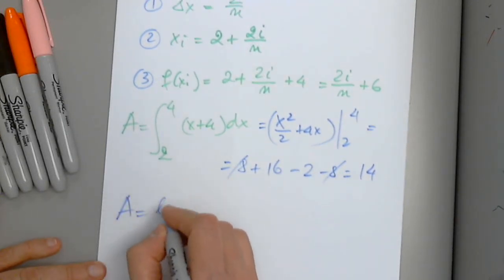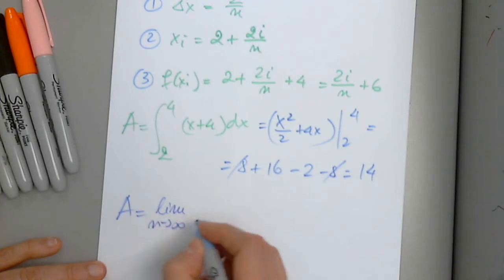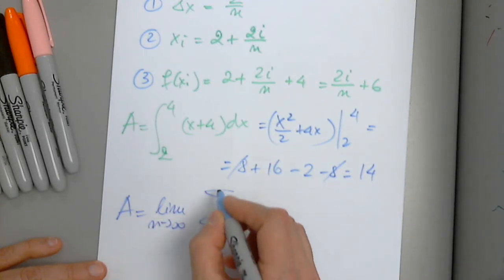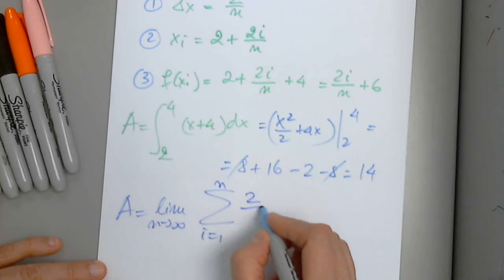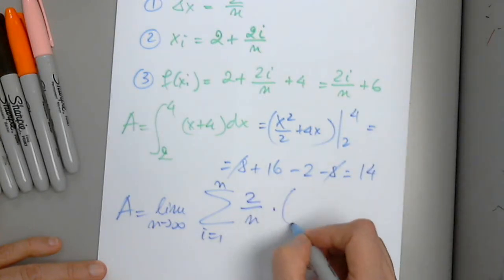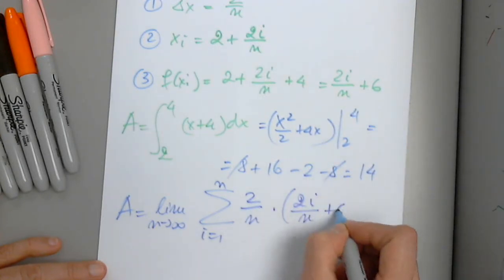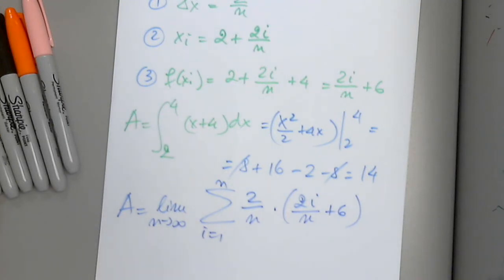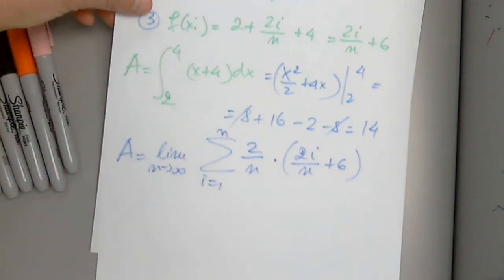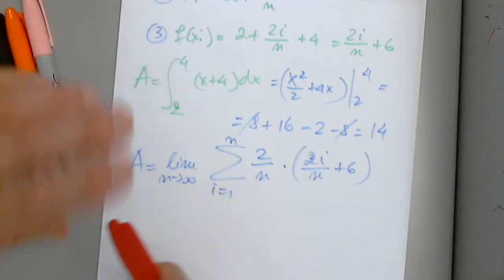So the area is the limit as n approaches infinity of the sum from i equals 1 through n of 2 over n times 2i over n plus 6. We will move 2 over n outside.